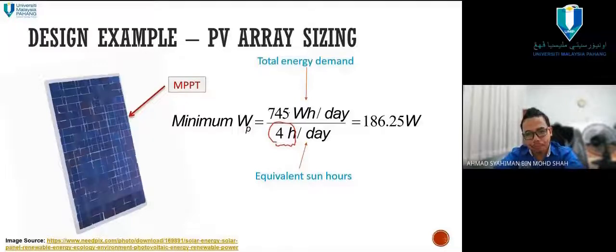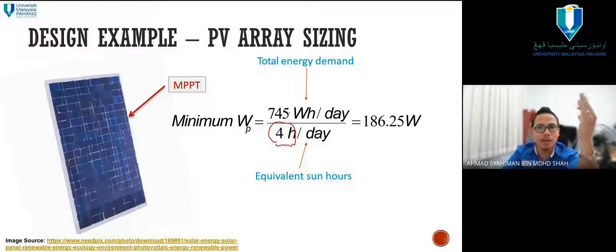So in order to get the minimum watt peak of the module, the necessary minimum watt peak that we need is 745, the total energy demand that we have calculated before. Okay, the 300 watt DC, 300 watt AC from before.